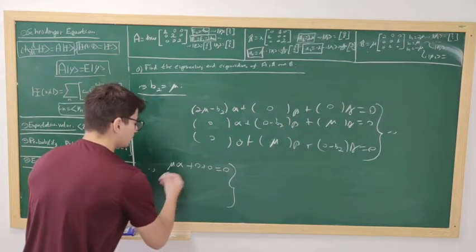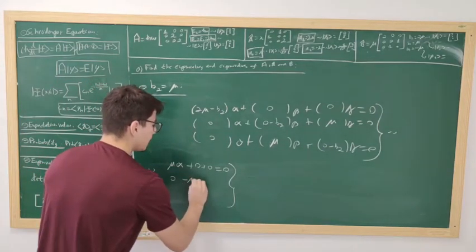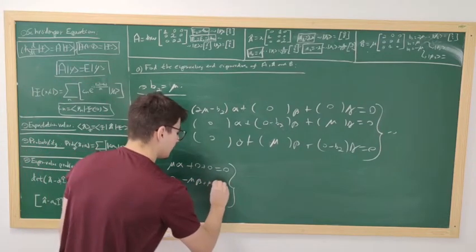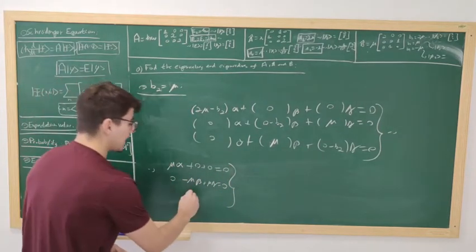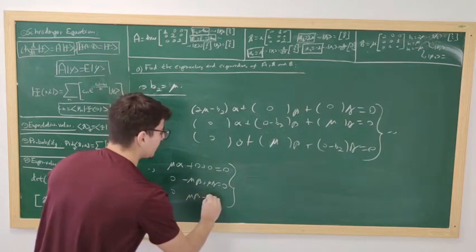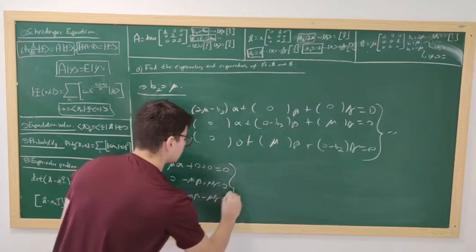Minus mu beta plus mu gamma is just 0, and 0 plus mu beta minus mu gamma equals 0.